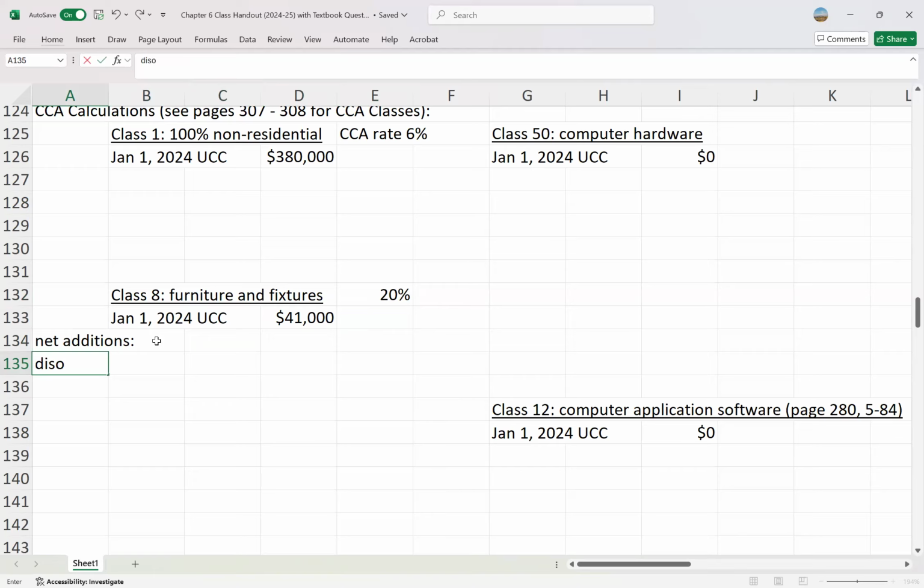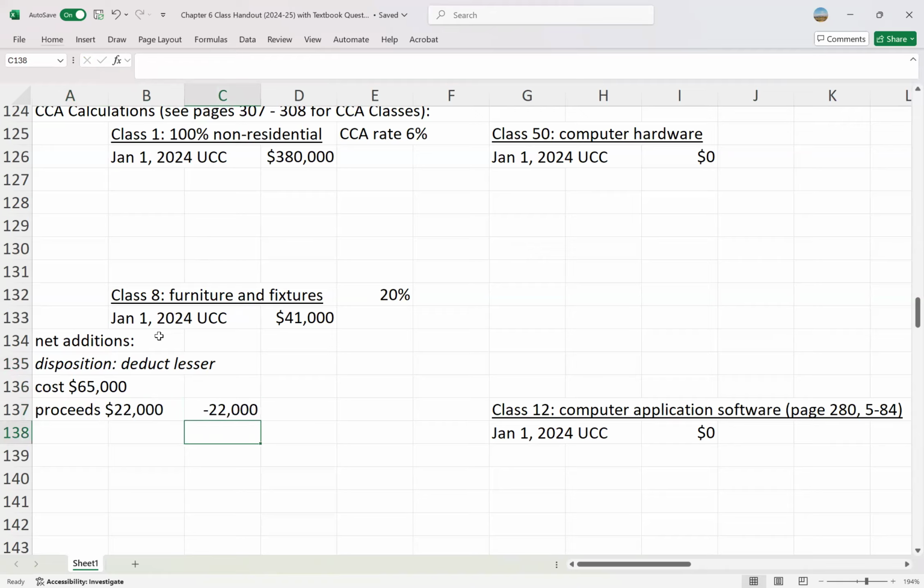Whenever there's a disposition of an asset that you were taking CCA on, you have to deduct the lesser of two amounts: the original cost, which in this case is $65,000, or the proceeds, which in this case is $22,000. So whenever there's a disposition of depreciable assets that you're taking CCA on, in the actual CCA class, you have to deduct the lesser of cost or proceeds. In this example, the lesser would be the proceeds of 22,000.